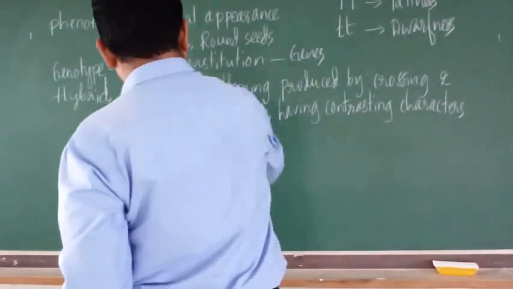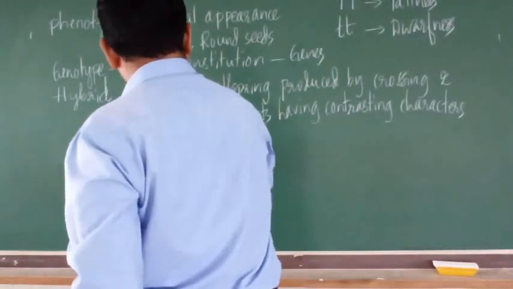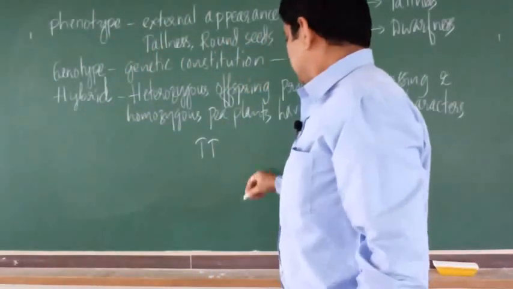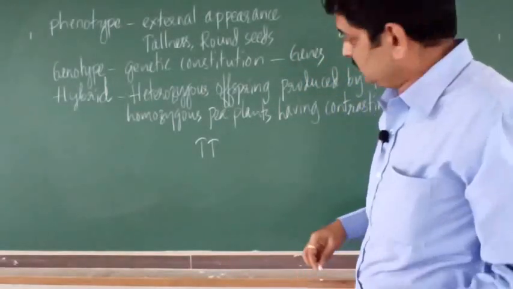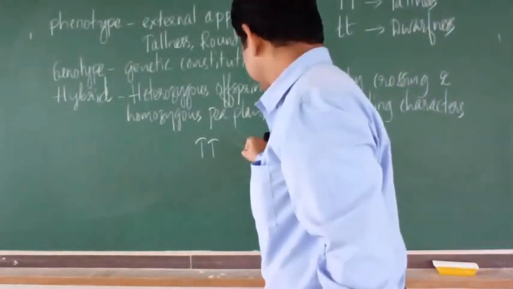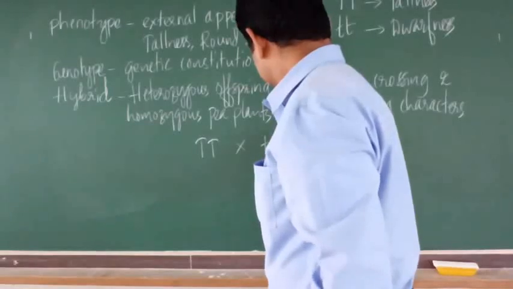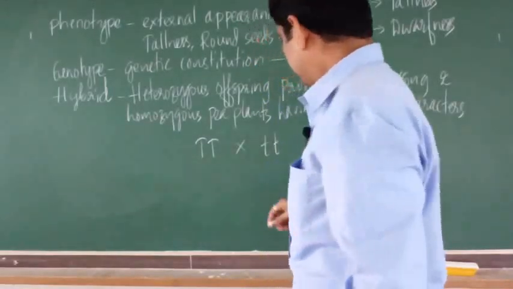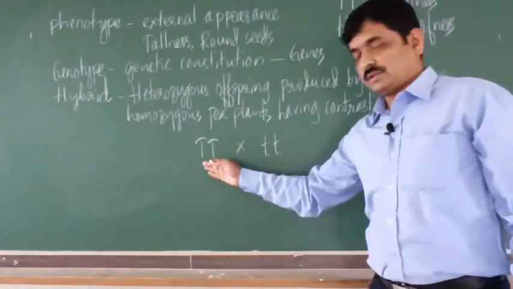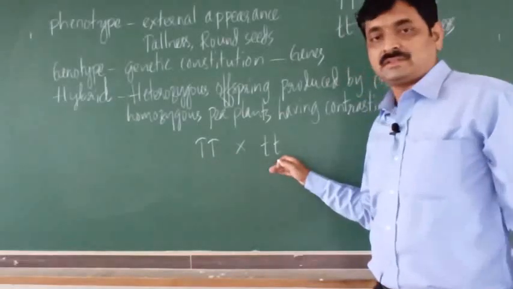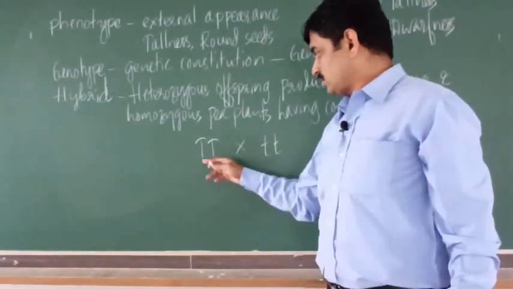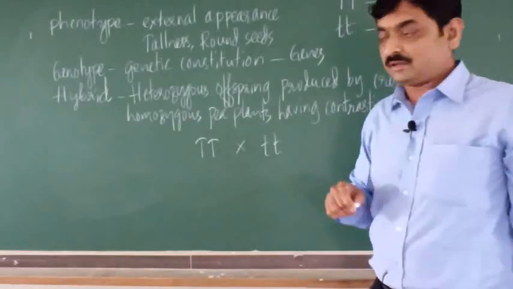So I will explain this to you by taking one example. I will make a cross between two pea plants. Okay. So this is one pea plant, this is another pea plant. So this one we can call male and this one female.